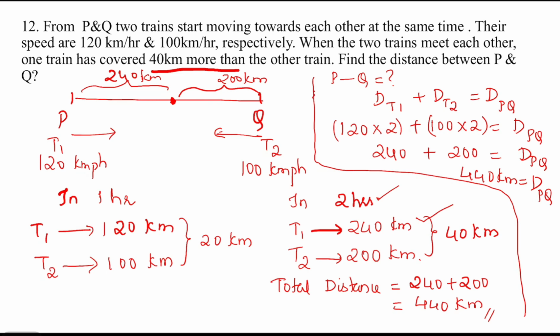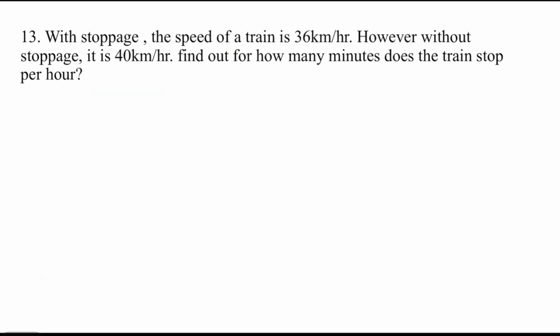So coming to the next problem. With stoppage, the speed of a train is 36 km per hour. However, without stoppage it is 40 km per hour. So find out for how many minutes does the train stop per hour.